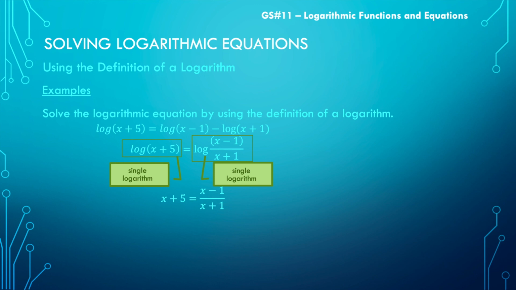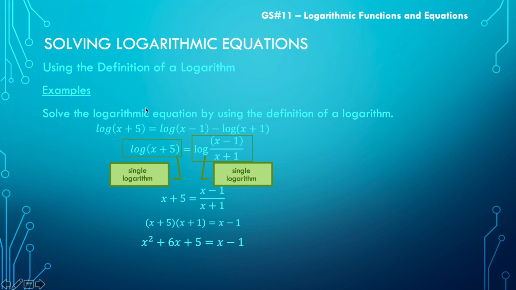If I do that, the left-hand side just becomes (x plus 5) times (x plus 1), and the right-hand side just becomes x minus 1. Now go ahead and multiply that left-hand side through. You should get a quadratic: x squared plus 6x plus 5 is equal to x minus 1.